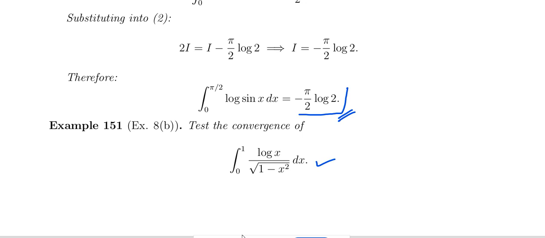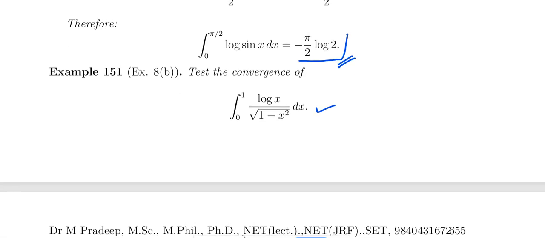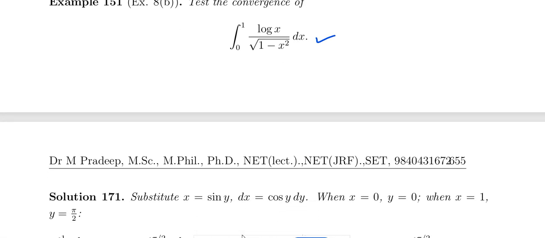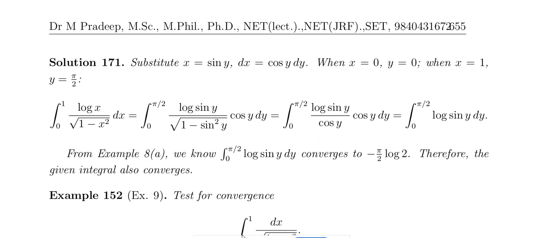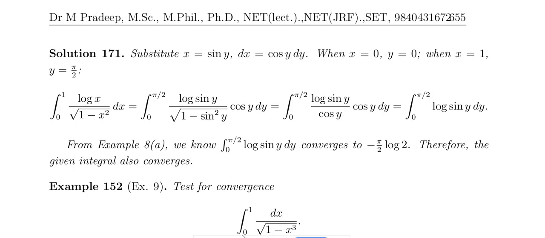Here also, log 0 is minus infinity, and at 1 as well, both are points of discontinuity. Okay, substitute x equal to sin y. When x equal to 0, y equal to 0, and when x equal to 1, y equal to pi by 2. The problem can be changed like that.